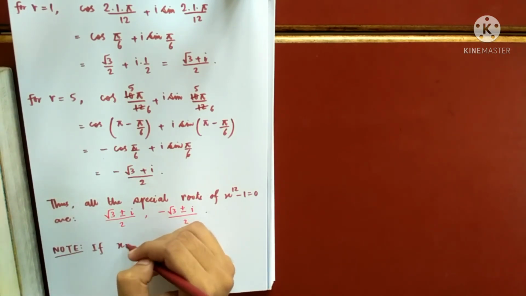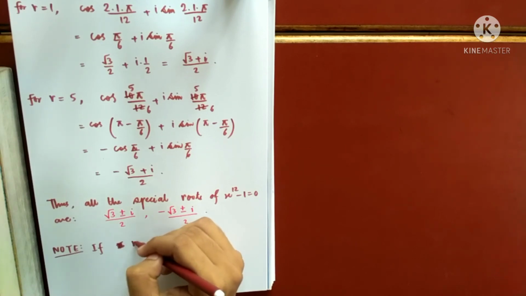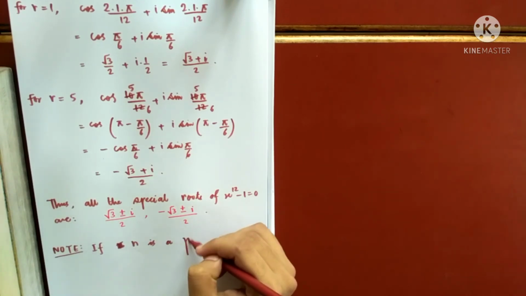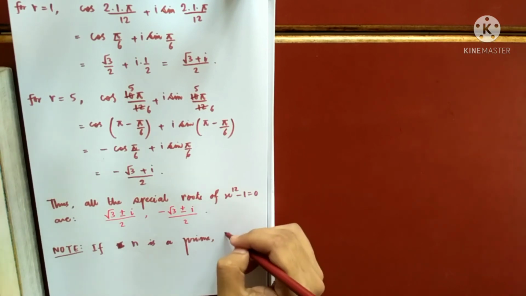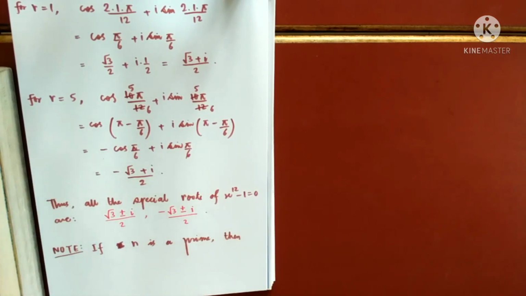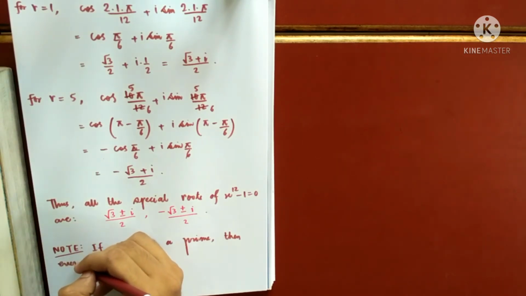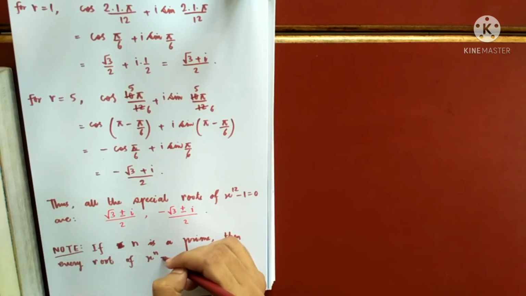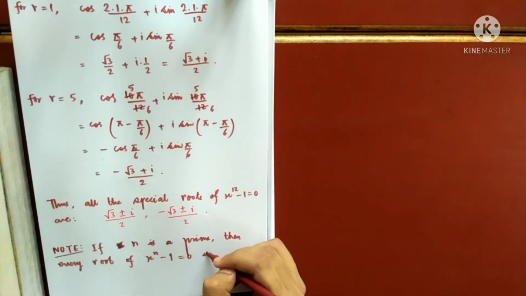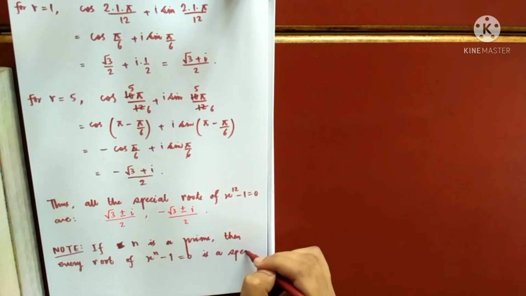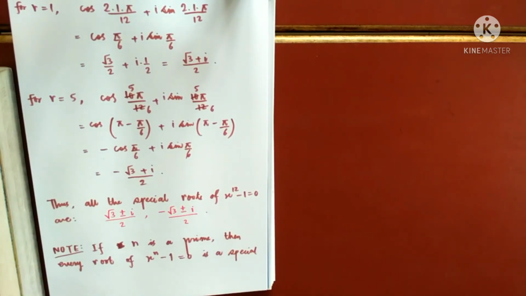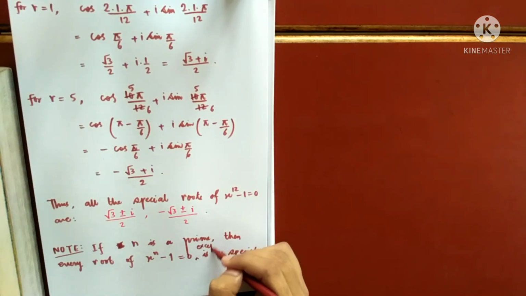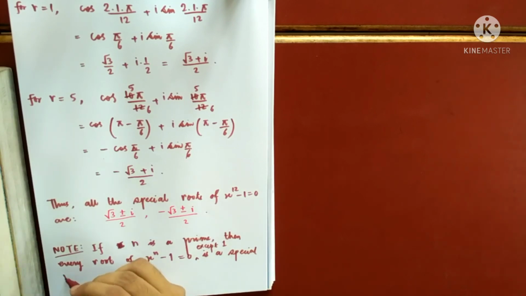If n is a prime, then every root of x to the power n minus 1 is a special root, except 1. Every root of this except 1 is a special root.